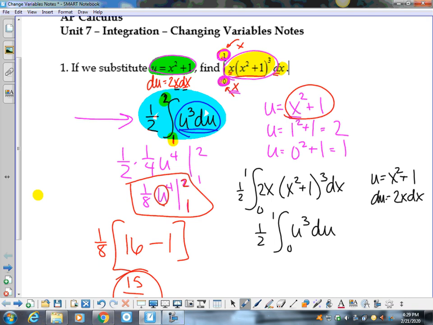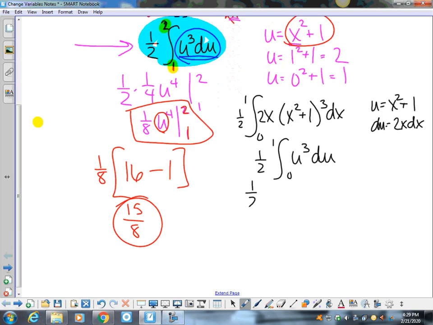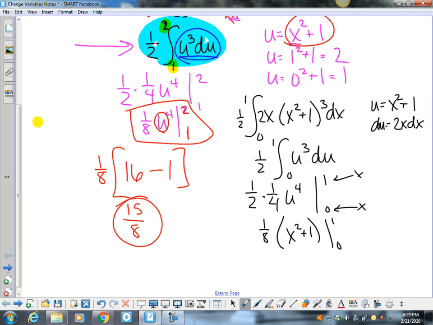And then you would integrate. And then you would substitute your u back in. And again, remember, these are x's. We never translated them into u's. So they can't go in here. They have to go in here.